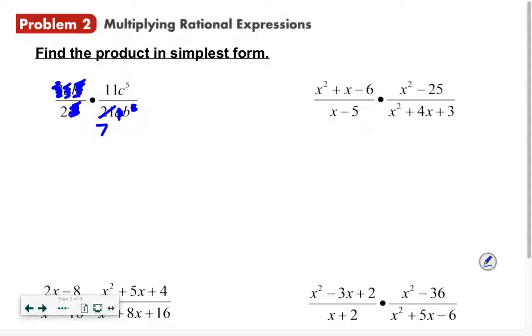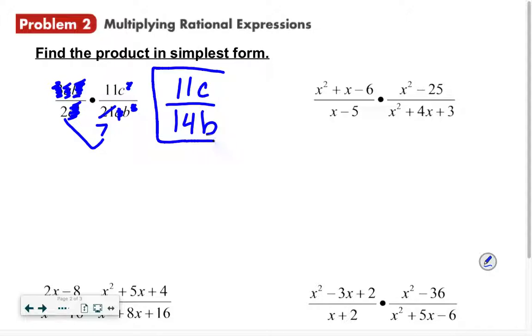All 4 go down here, and I just have 1 left on top. So what do I have left on top? 11C. And on bottom, I have 2 times 7, which is 14, and then I still have a B left. And that's all. Nothing simplifies with 11 and 14, so we're done.